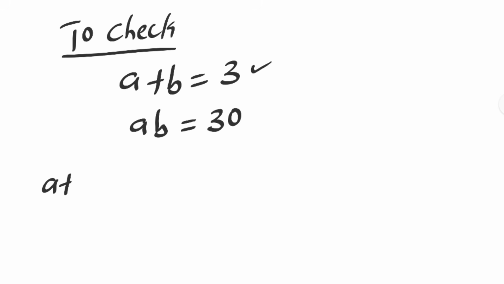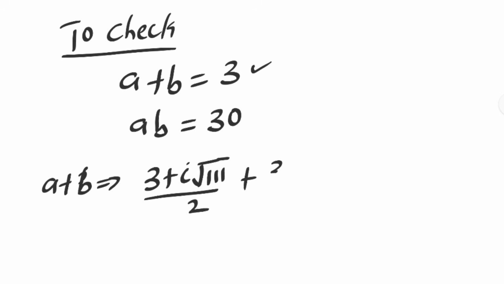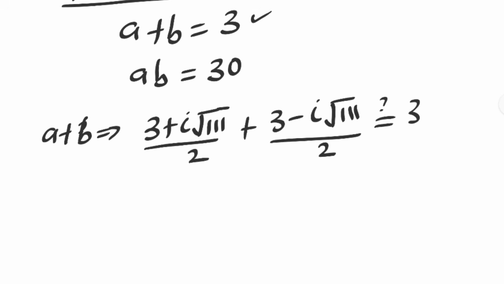a plus b, this is 3 plus i root 111 over 2 plus 3 minus i square root of 111 over 2 must be equal to 3. The LCM here is 2.